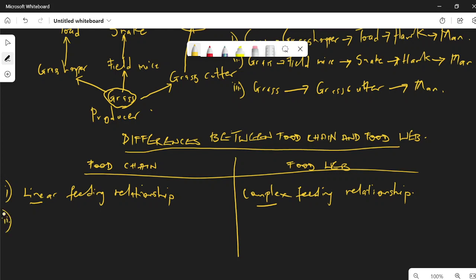Number 2. Food chain involves only one chain, while the complex food web has more than one chain.